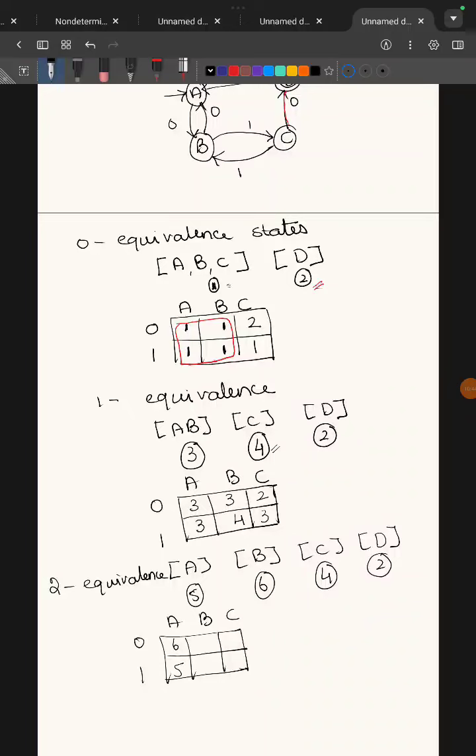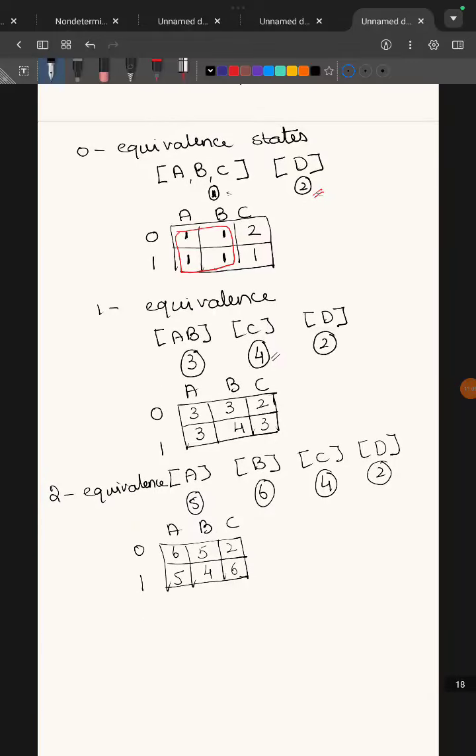B on 0 it is going to A, that is 5. B on 1 it is going to C, that is 4. C on 0 it is going to D, that is 2. C on 1 it is going to B, that is 6. Okay, so here also all the states are different only. We cannot group any states, so obviously it will be A, B, C, D.